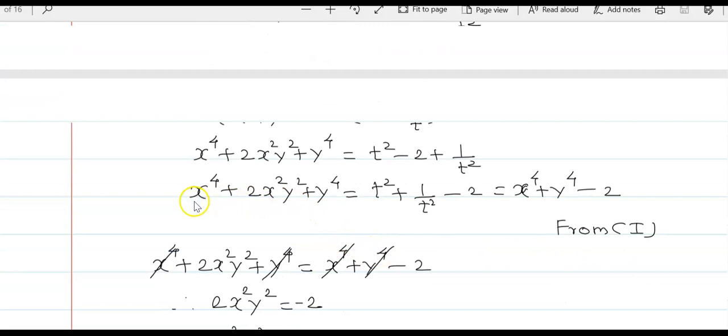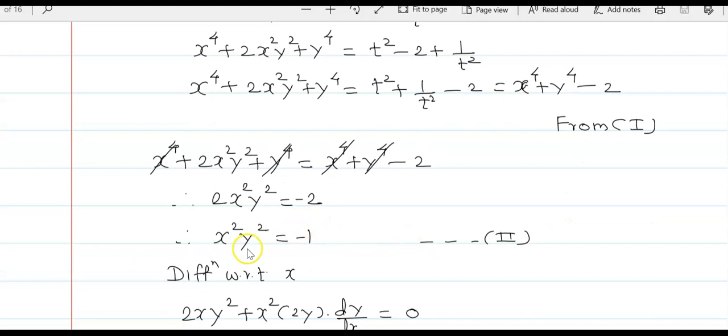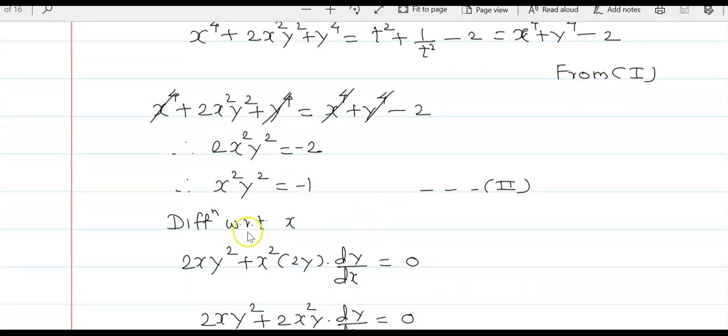Therefore x raised to 4 plus 2x square y square plus y raised to 4 is equal to t square plus 1 upon t square minus 2, and the value of this t square plus 1 upon t square is x raised to 4 plus y raised to 4 minus 2. These two terms get cancelled. You are getting x square y square is equal to minus 1.